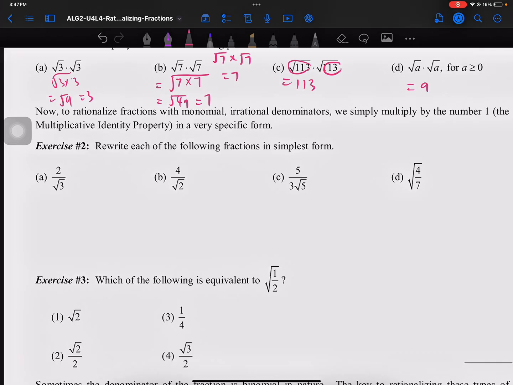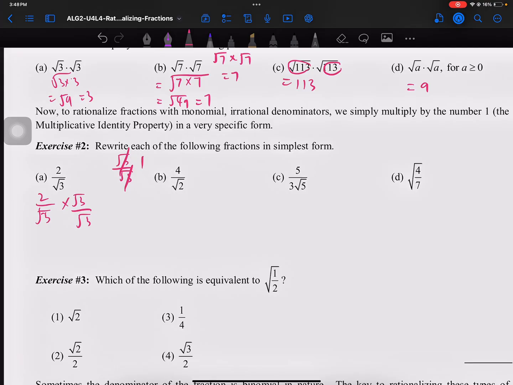So we don't want √3 in the denominator. We want to turn it into a plain number. So we multiply top and bottom by √3. So 2 over √3 multiplied by √3 over √3. √3 over √3 is actually 1.